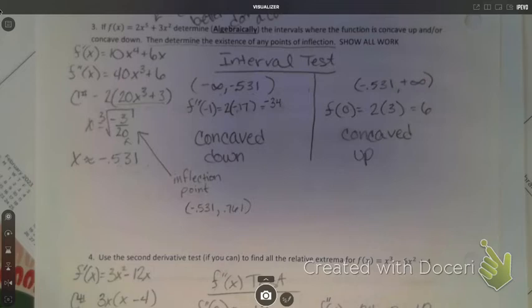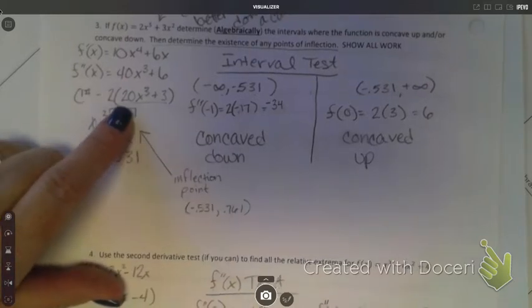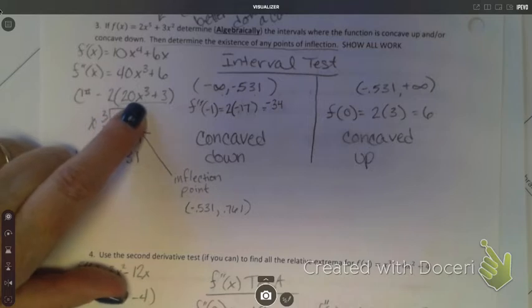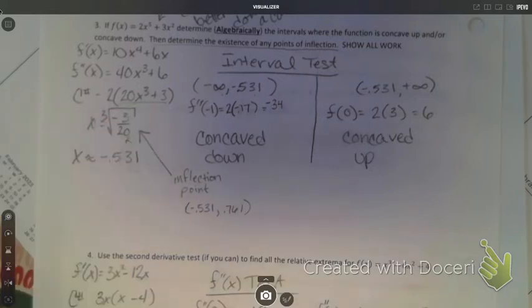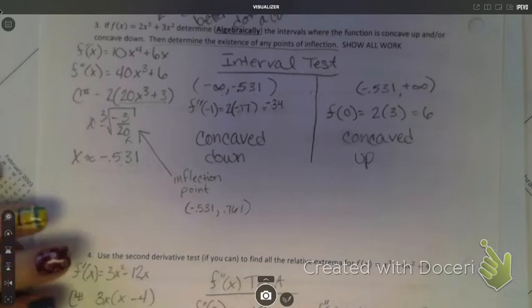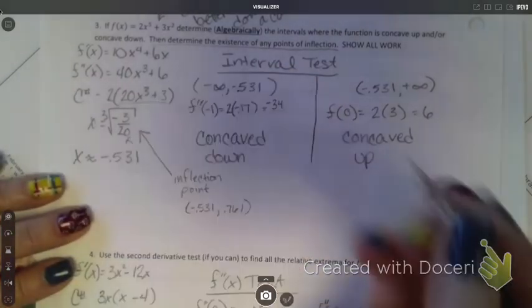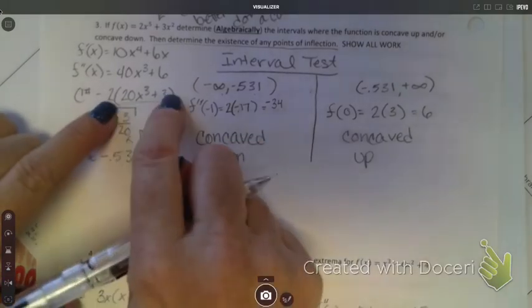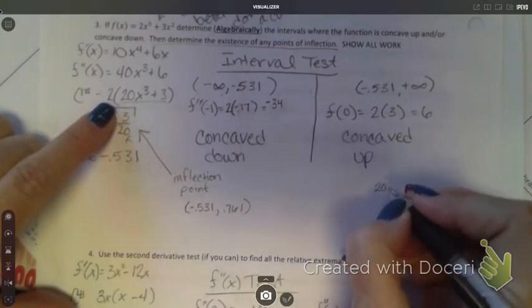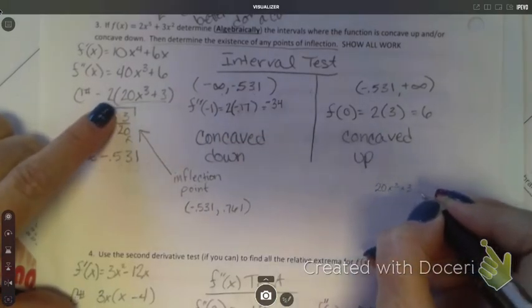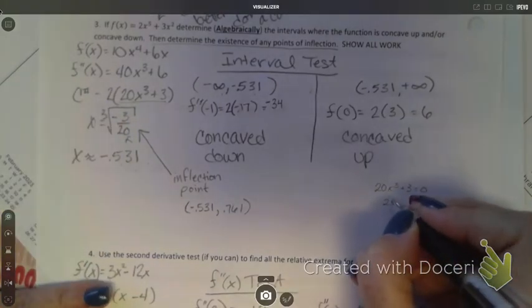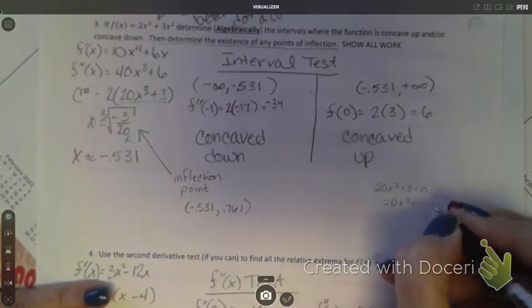Well, you just subtracted the 3 and divided by 20. And then you have x cubed, so it would be the cube root. Yes, I thought Calc said you couldn't do it like that. He made fun of me when I did it. Why? He said you just have to make it so it equals 0. Right, that's what you're doing. So I set this equal to 0. The 2 doesn't equal 0, obviously. So you have 20x cubed plus 3 equals 0. So 20x cubed equals negative 3.